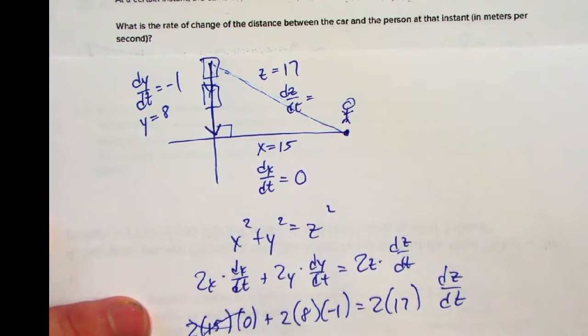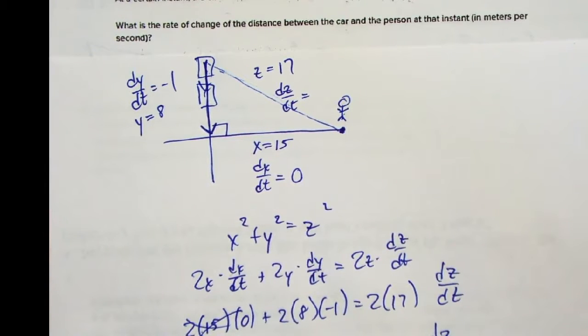That goes away. I'm going to get -16 over 34. This would be in meters per second equals dz over dt. And then I wouldn't reduce it. You can, but I would just leave it like it is, because if you reduce it and screw it up, you're going to lose points.